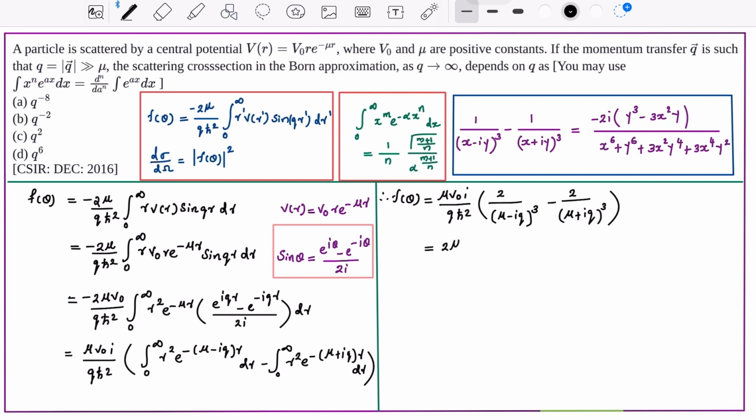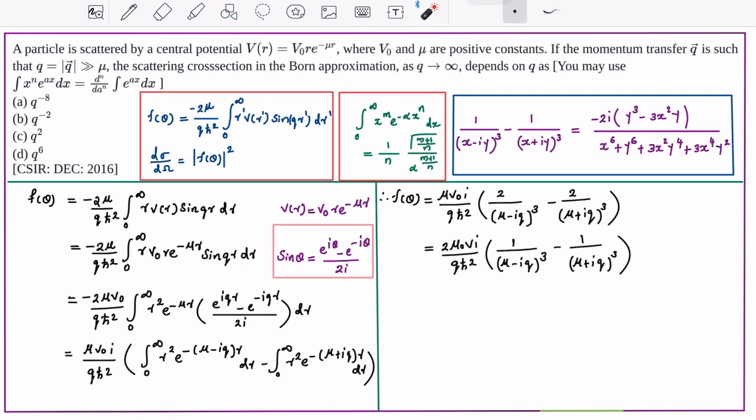So f of theta becomes 2 mu V0 i by q h bar square. Now within the bracket we have 1 by mu minus iq whole cube minus 1 by mu plus iq whole cube. This is the expression for the scattering amplitude f of theta.